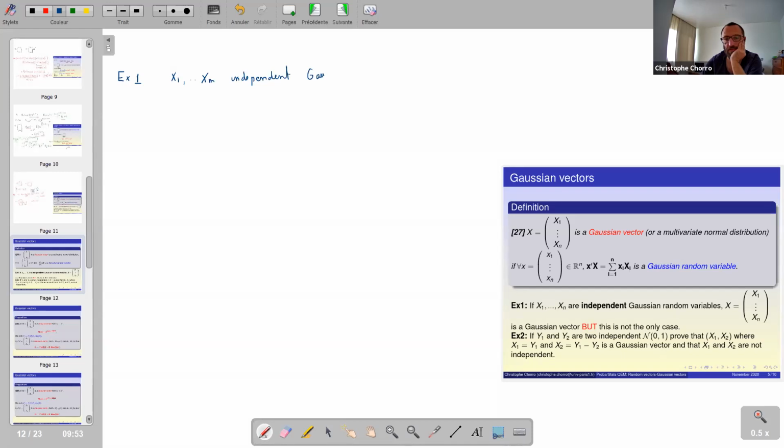So they are more than Gaussian, they are Gaussian and independent. In this situation, X1, ..., Xn is a Gaussian vector.